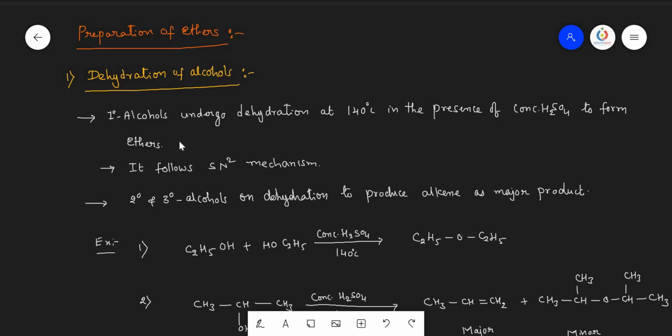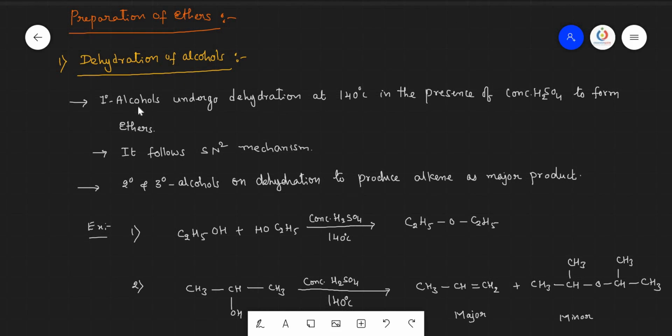So when you take the alcohols, generally primary alcohols at 140 degrees centigrade, they undergo dehydration in the presence of concentrated sulfuric acid to form ethers.